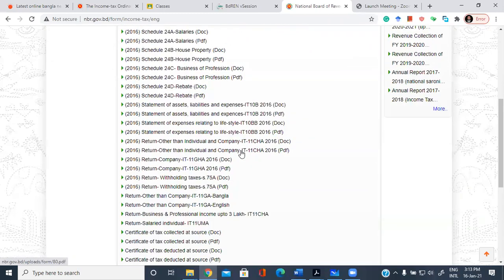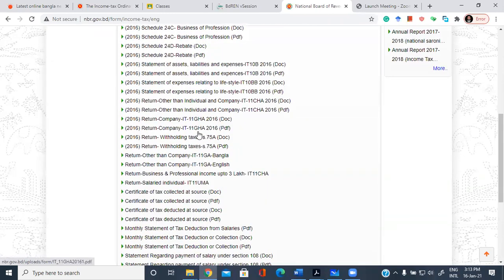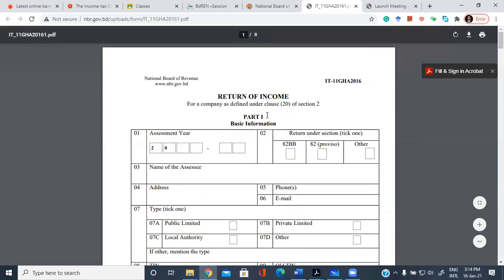That is IT 11, this one. You see, return company IT, income tax. It is not information technology, it is income tax, right? You see this one? Yes, sir. Okay, my cursor here, I'm opening this. You see, return of income for a company as defined under clause 20 of section 2.